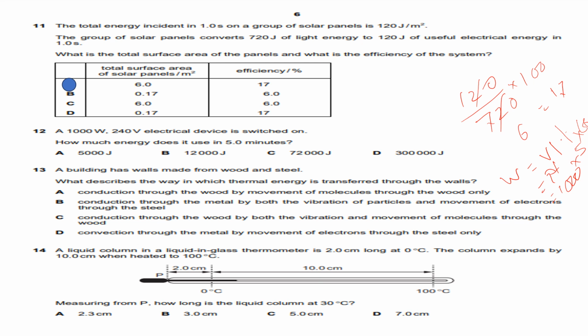So 60 multiplication 5 into 1000 equal 3000. Answer D.